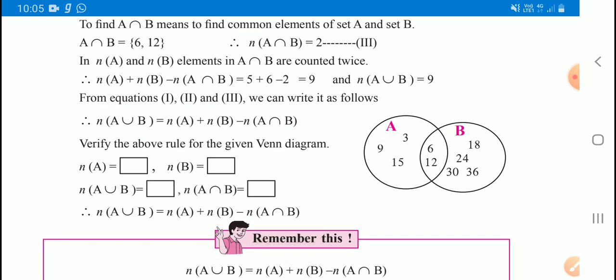In n of A and n of B, elements in A intersection B are counted twice.